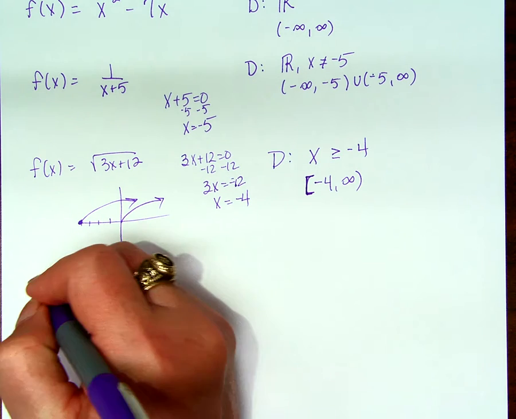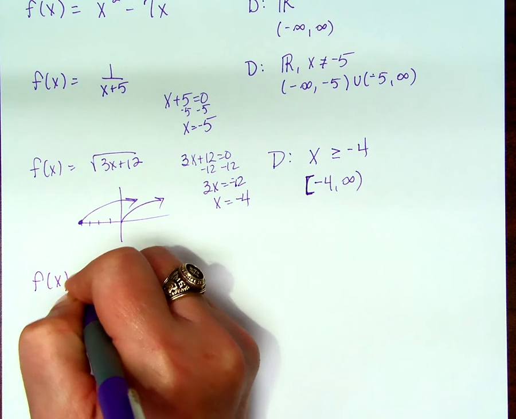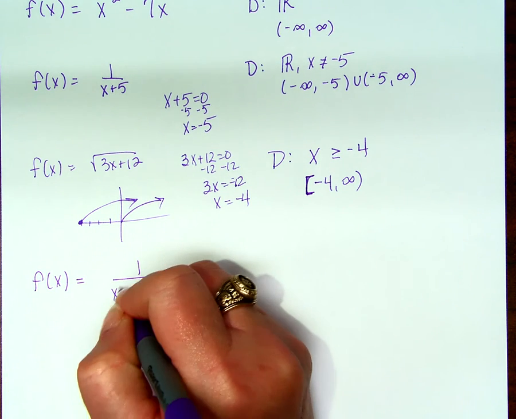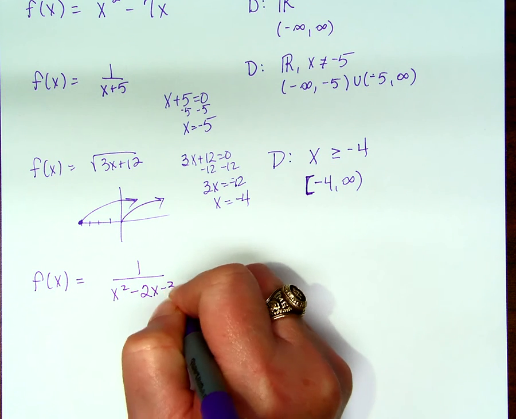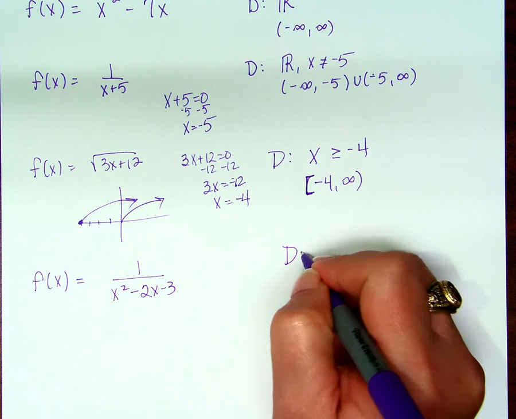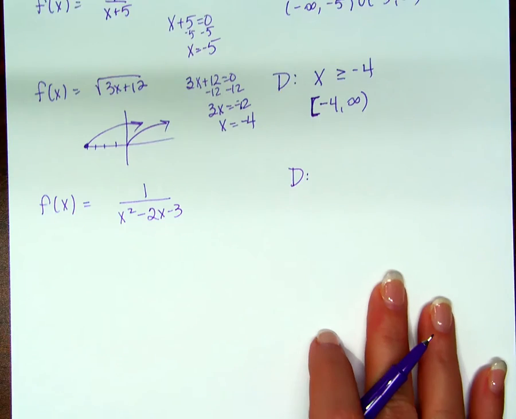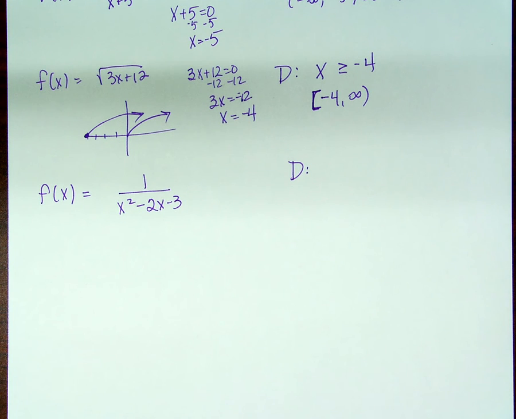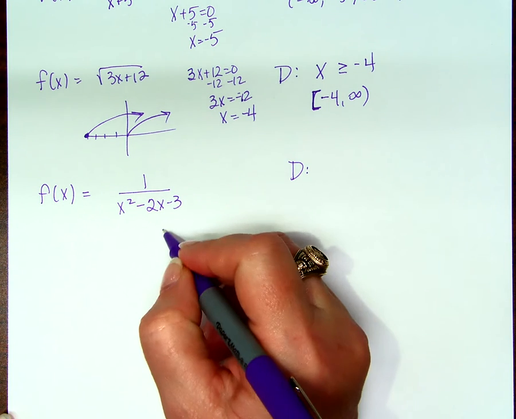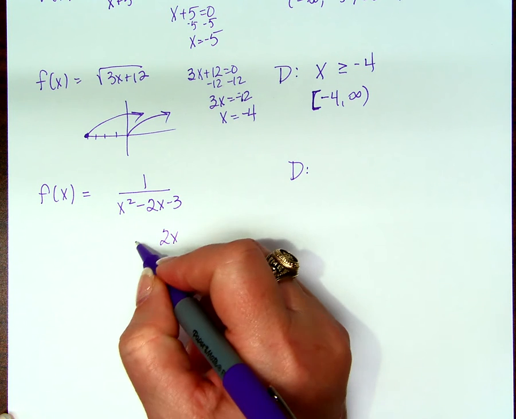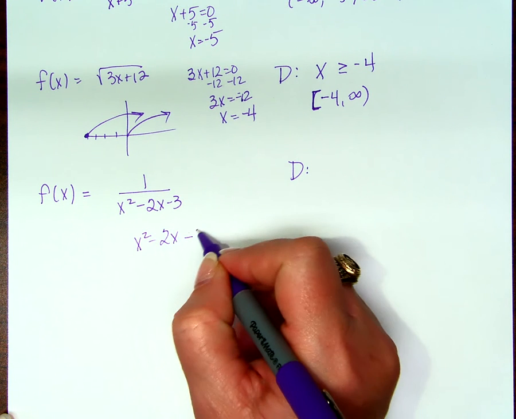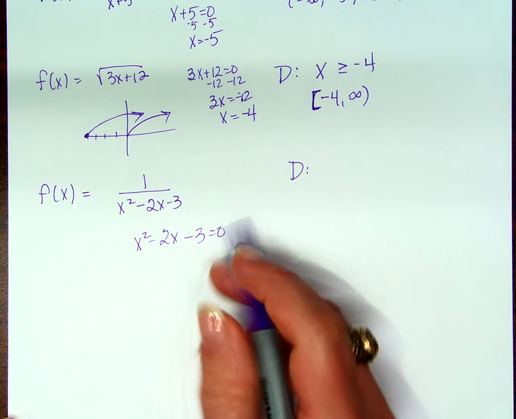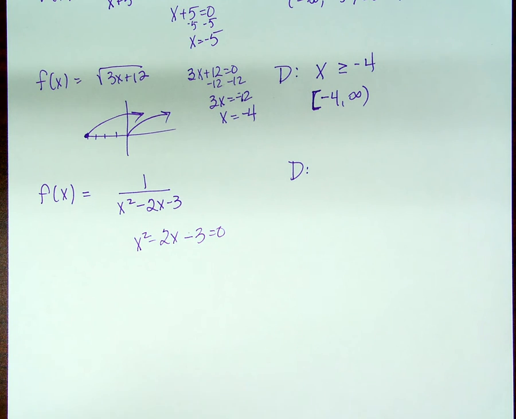Let's do one more. What about the domain for this? The denominator of the fraction is not allowed to equal 0, right? So x squared minus 2x minus 3 equals 0. I set this equal to 0 to find out where the domain is not.